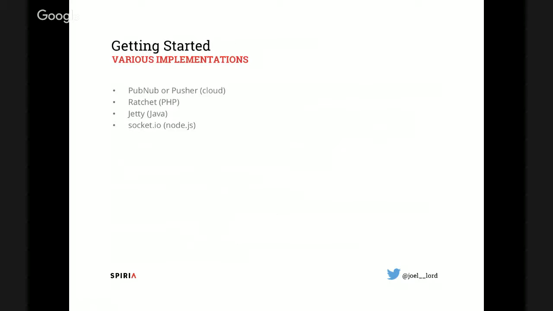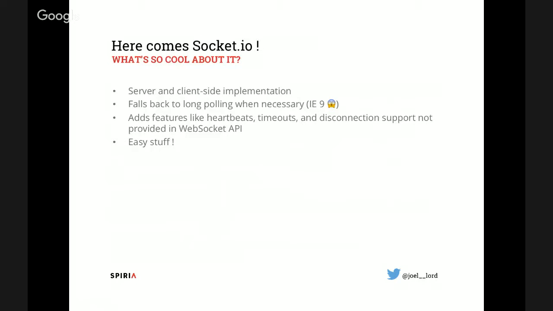So let's look a little bit into Socket.io. What's so cool about it? Well, out of the box, you get your server and client-side implementation. I'll show you some code to see what this actually means in a few seconds. It also falls back to long polling when necessary. So if you are unfortunate enough to have to support IE9 in your development, Socket.io will take care of falling back to other solutions if it's not supported in the browser.